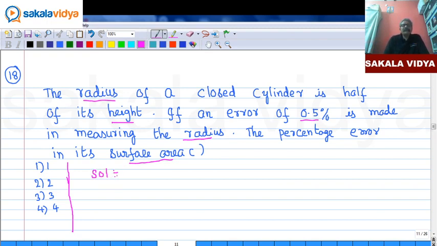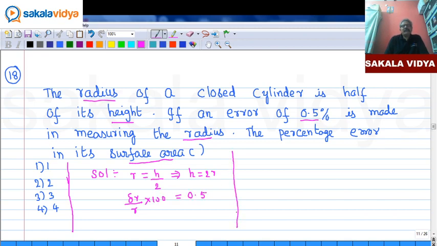Radius of a closed cylinder is half of its height, r is equal to h by 2. So, that implies h is equal to 2r, and delta r by r into 100 is given, that is equal to 0.5.